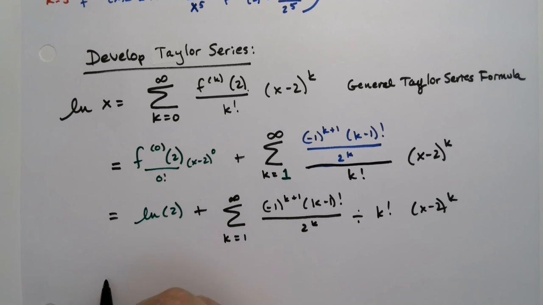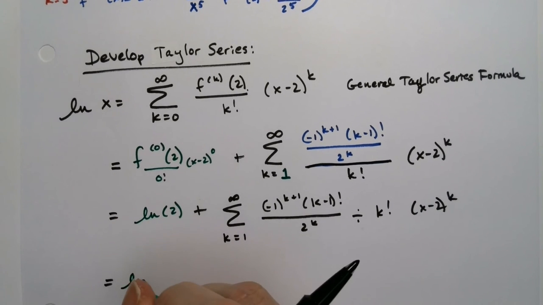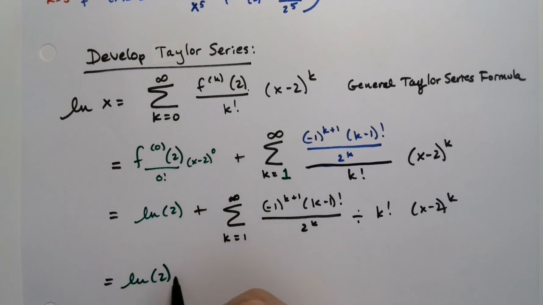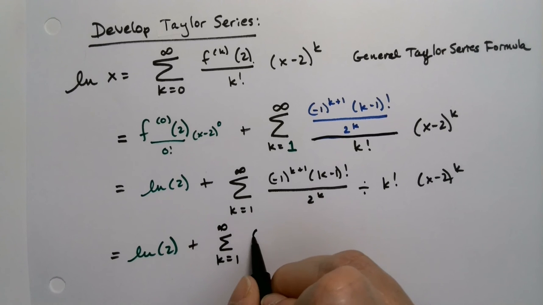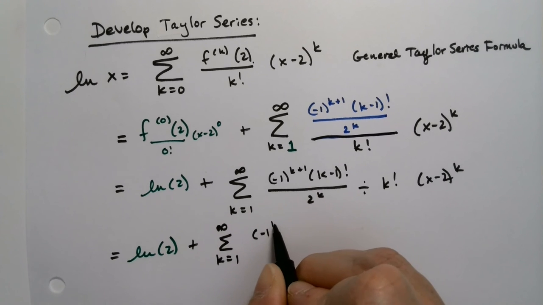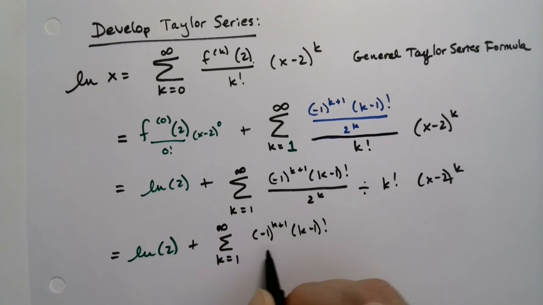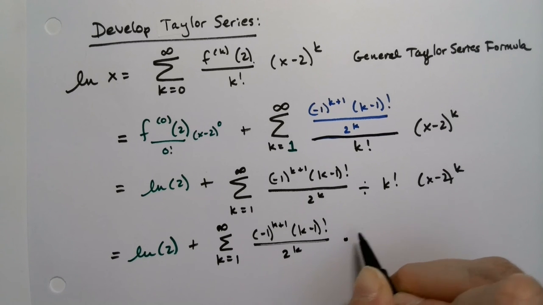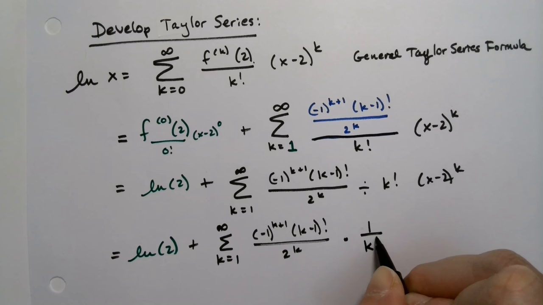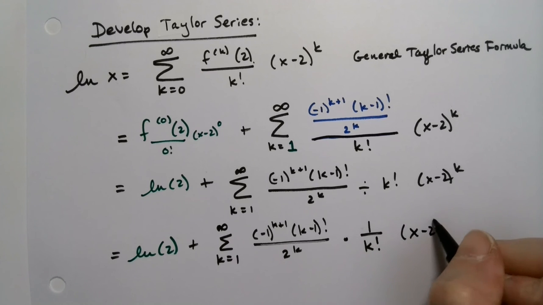Okay, so now you can see it. We have to flip and multiply. It's negative 1 to the k plus 1 times k minus 1 factorial over 2 to the k times 1 over k factorial, all times x minus 2 to the k.